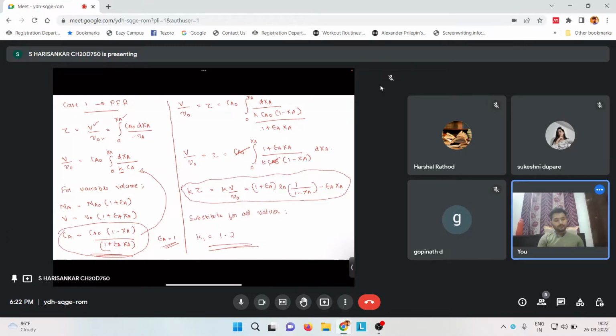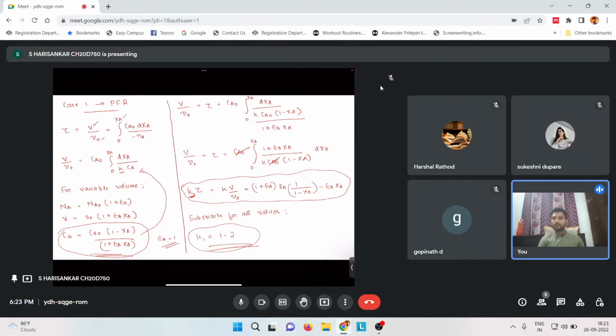So this is a standard equation for first order reaction, and from this equation we have all the values except for K, which is K1 basically. So now we'll just have to substitute all these values, and we'll find the value for K1, which is 1.2.